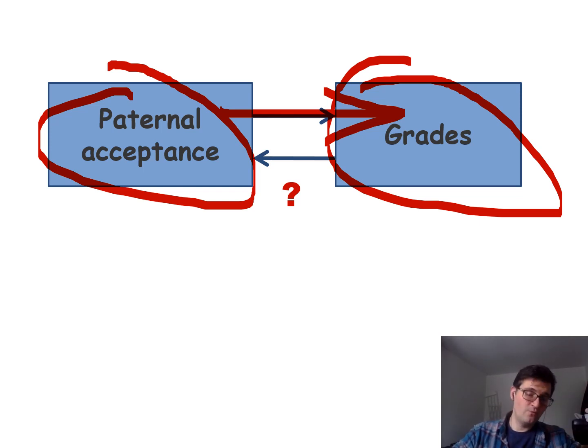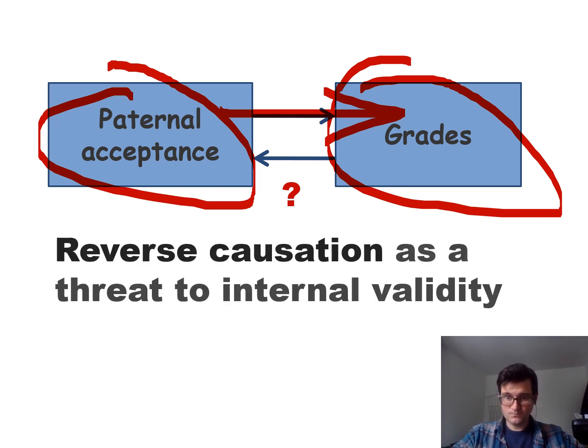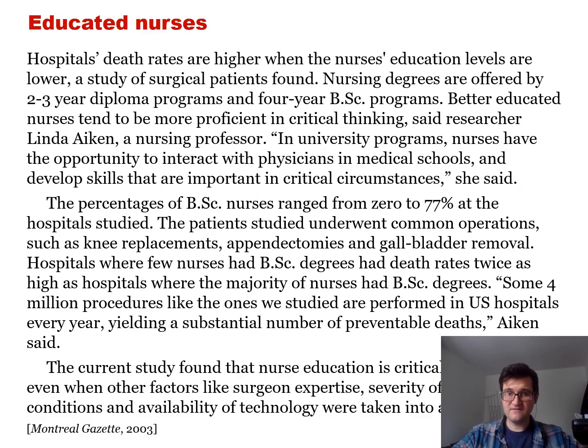We can make arguments for why it might make sense that it's paternal acceptance leading to grades, but we can't prove it without a longitudinal study or an actual experiment, which would be relatively infeasible here, right? We certainly cannot easily or probably ethically manipulate the level of paternal acceptance. So reverse causation is a threat.